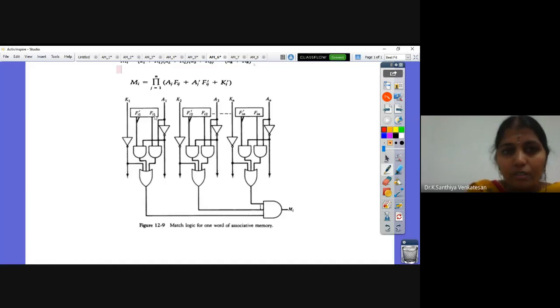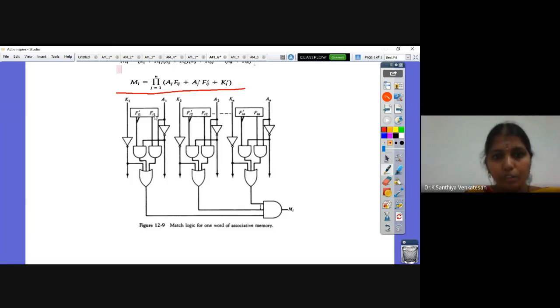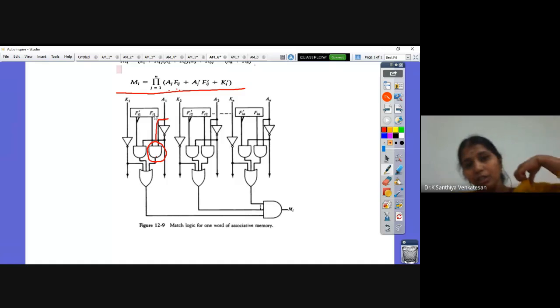Okay. So in POS form we have written this, Aj Fij. See, the first one is Aj and Fij, which should be directly ANDed. So I have an AND gate. This is an AND gate where Aj means the first bit to nth bit, that is the general notation. So A1, A2, etc. up to An. Similarly, the key register contains K1, K2, etc. up to Kn.